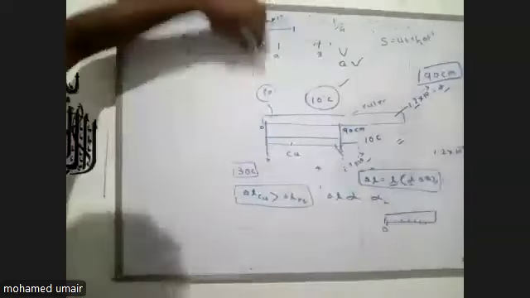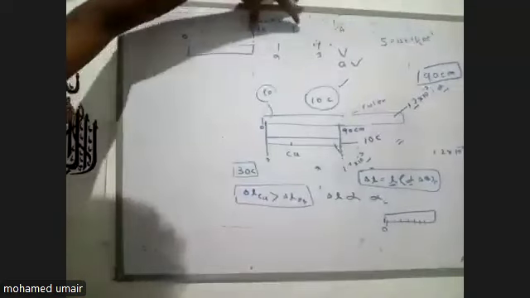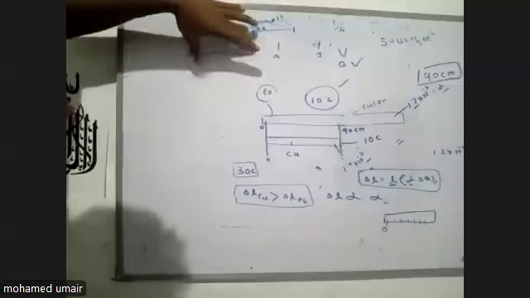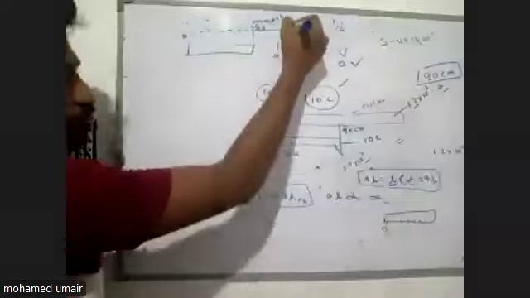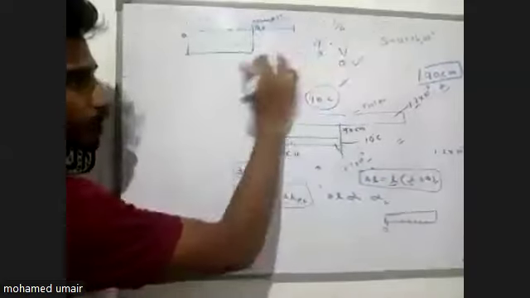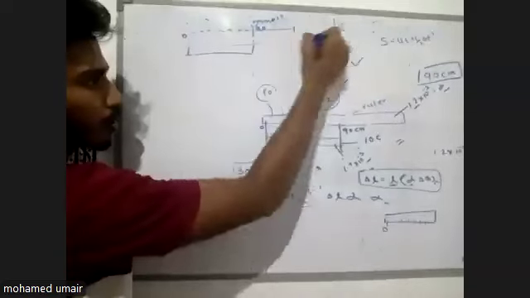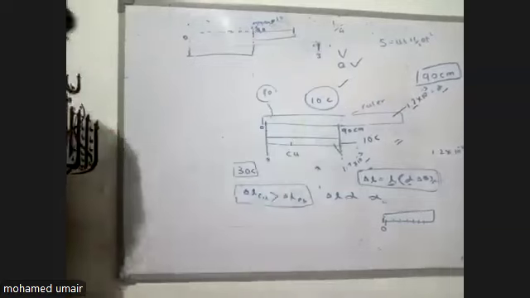Because the expansion of copper is greater than lead. So lead has expanded until this point. So the copper should travel much more far than that. So if this was my point, the copper should travel to this point. So this will be my new diagram.